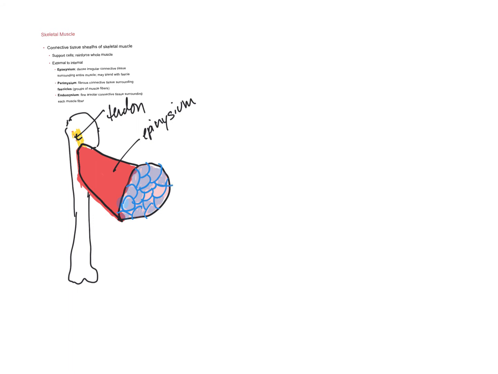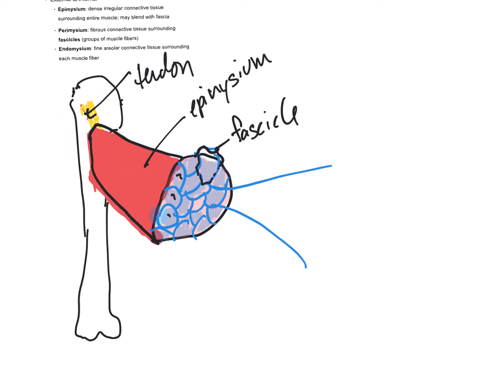We're going to look at one of them. Each one of these, let's say this whole thing, one of those is called a fascicle. So in here we have 1, 2, 3, you get the idea. Multiple fascicles are present inside the whole muscle.